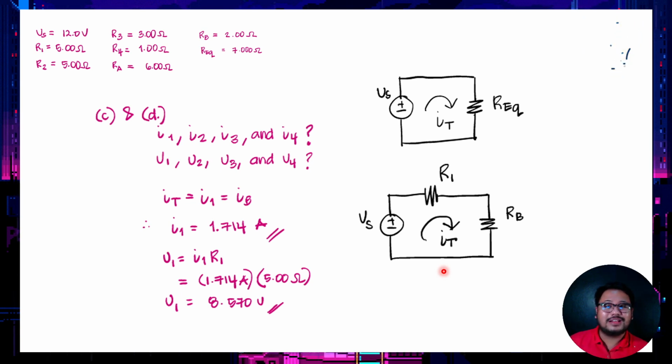And by the way, letter C and letter D can be solved simultaneously actually, because we have to find a way wherein we could solve the different currents and the different voltages in our resistors. So let's focus now on RB. RB is in series with R1. So the current that is passing through RB is equivalent to 1.714 amperes.